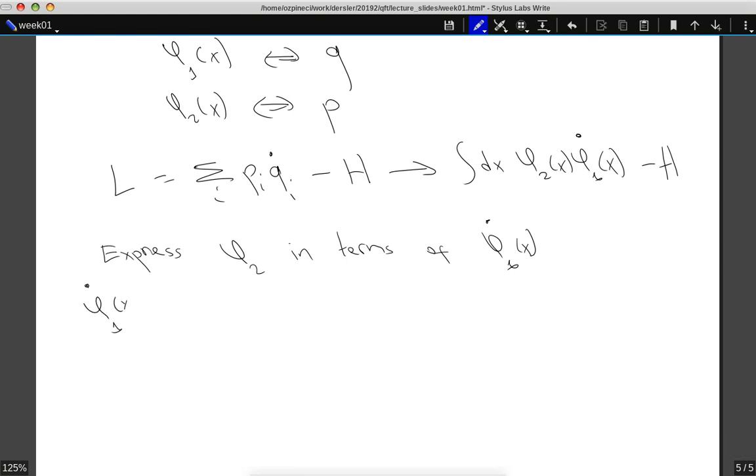Well, in the Heisenberg picture, what is phi 1 dot? It is the commutator of H with phi 1 of x. Well, let me just use the y over here. And the overall factor is?